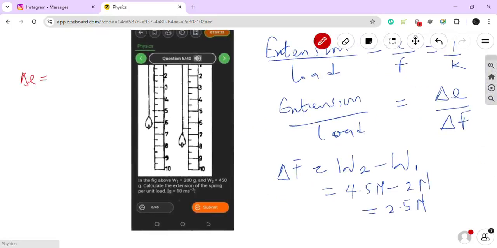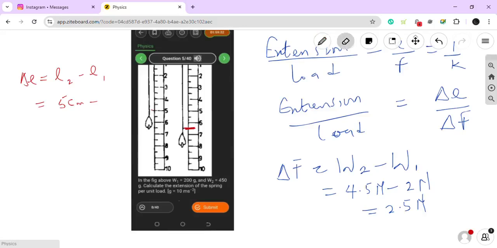Alright, so in centimeter, if you look at the first one, what I'm doing is extension 2 minus extension 1. Extension 2 is where is it now? The longer one is extension 2. Okay, sorry, this should be on 6.5.